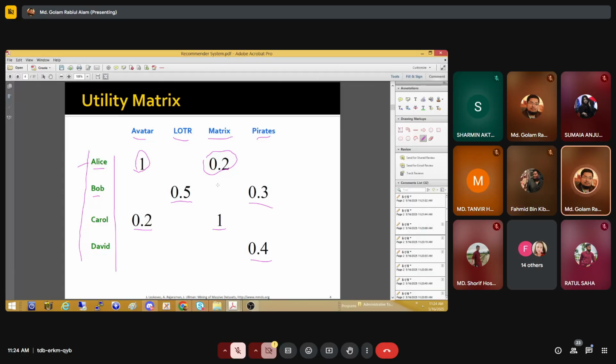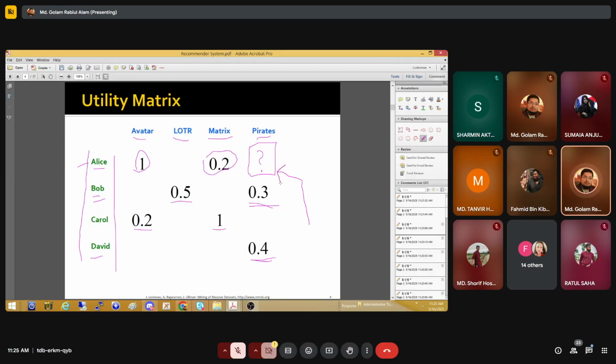Now, what do we want to do? Bob's rating for Pirates is 0.3, and David's rating for Pirates is 0.4. But we want to find out whether Alice will like the Pirates movie or not. That means we want to predict Alice's rating for the Pirates movie.